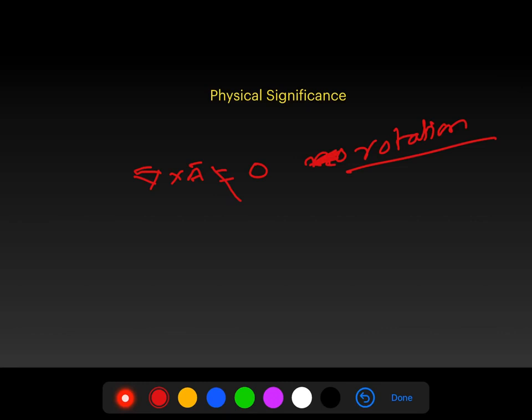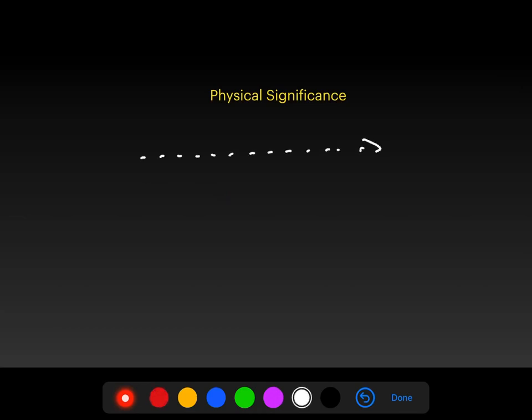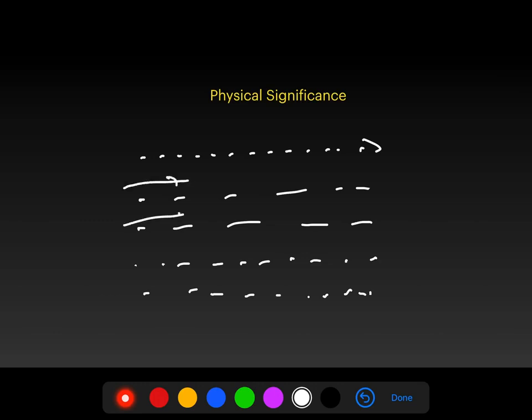To make it more clear, consider the flow of a liquid. Let a frictionless paddle be placed in the path of a liquid flow. Suppose this is the direction, and now suppose it is going in this direction.